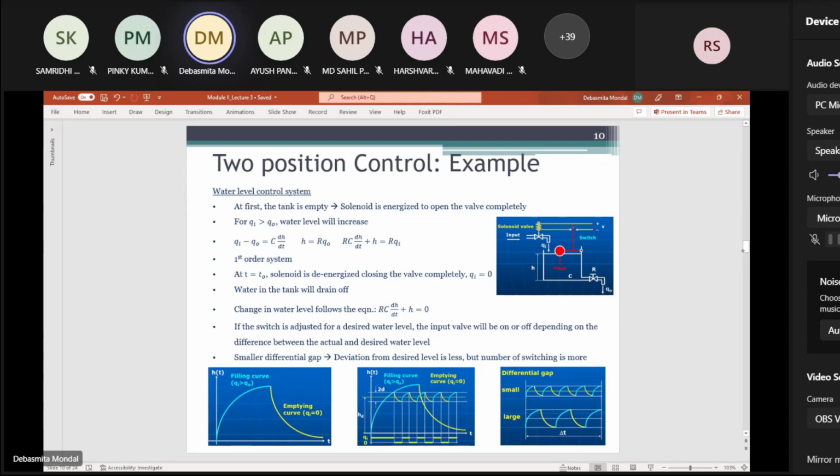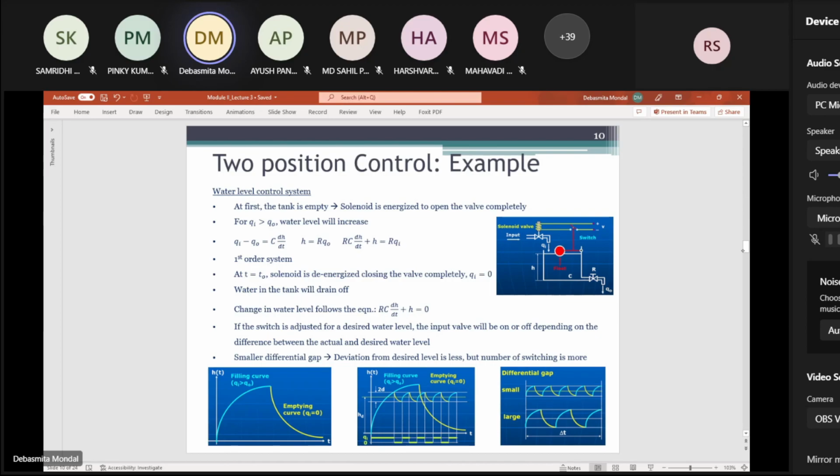Now let's say that after a certain amount of time, at t equals T0, we have achieved the desired level of water. The moment we have achieved that desired level, the inlet valve will close, so the value of Qi will be 0.